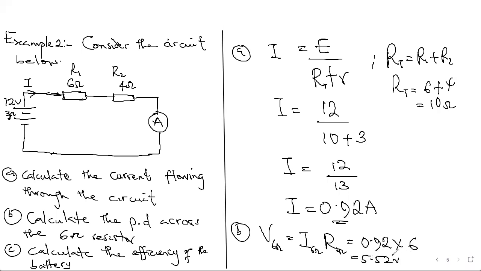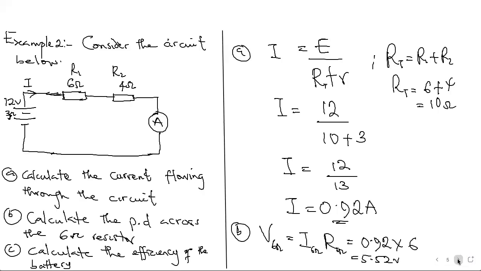And the last question, you have to calculate the efficiency of the cell. Recall, that's the C part. The efficiency is equal to R divided by R plus r, multiplied by 100. Recall the formula where we use the terminal PD divided by the EMF. The total resistance that is connected to it is this R, and this is its own internal resistance.